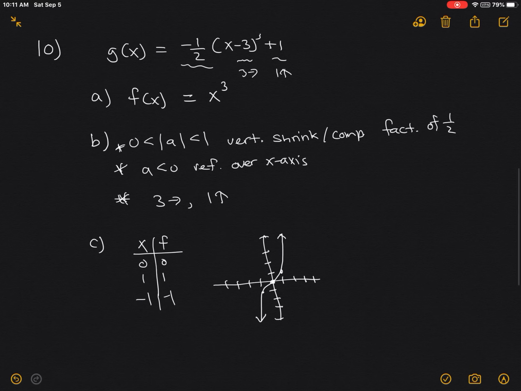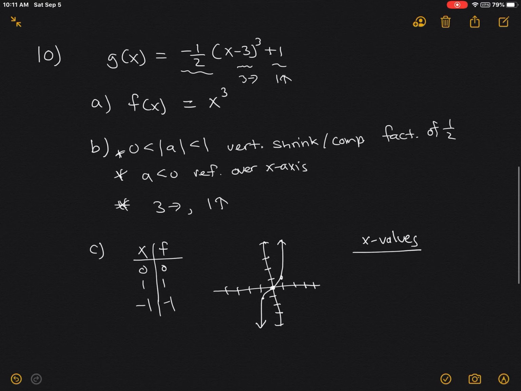And just like what we did before, what do I need to do with the x values? Well, the x value is impacted by what's inside the parentheses. If you look at g, all I'm doing is shifting it 3 units to the right. So for the x values, all I need to do is add 3. And what do I do with the y values?